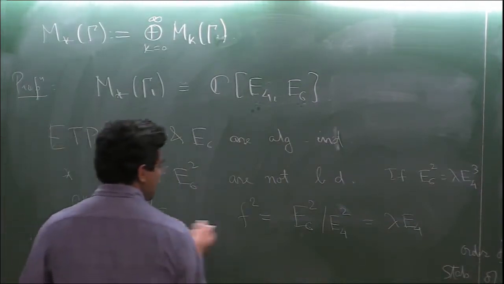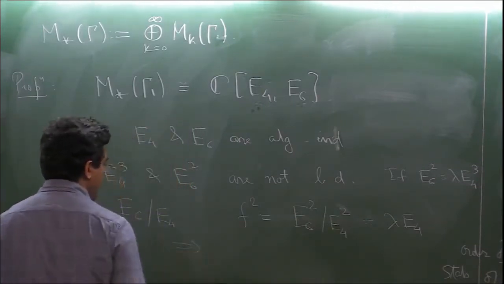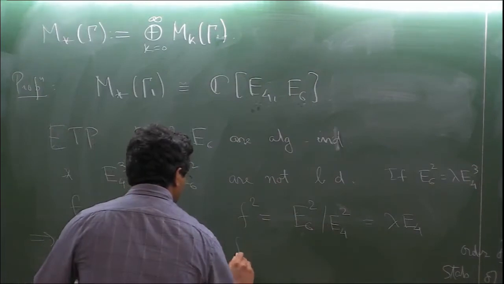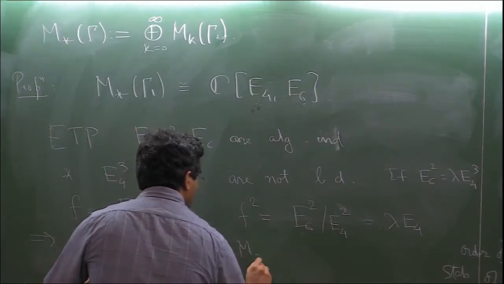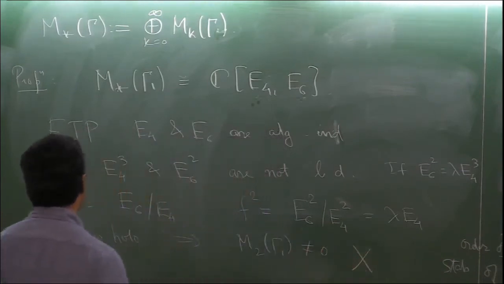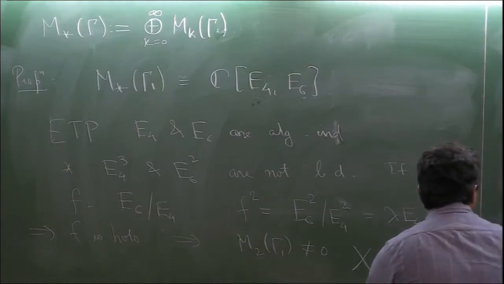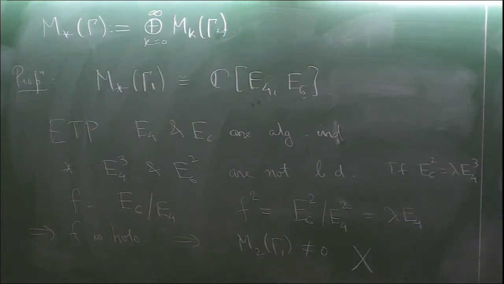And it's non-zero, right? f squared is holomorphic, so f is holomorphic, which implies that M2(Gamma_1) is not equal to 0. So this is not true because of the bound we had earlier. The bound for weight k was the integer part of k over 12, so for k equal to 2 that's 0. Okay, so they are not proportional.